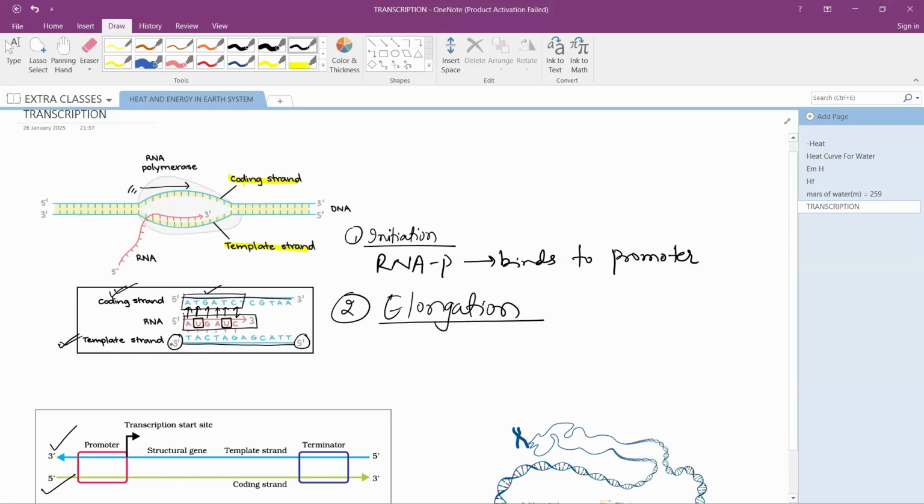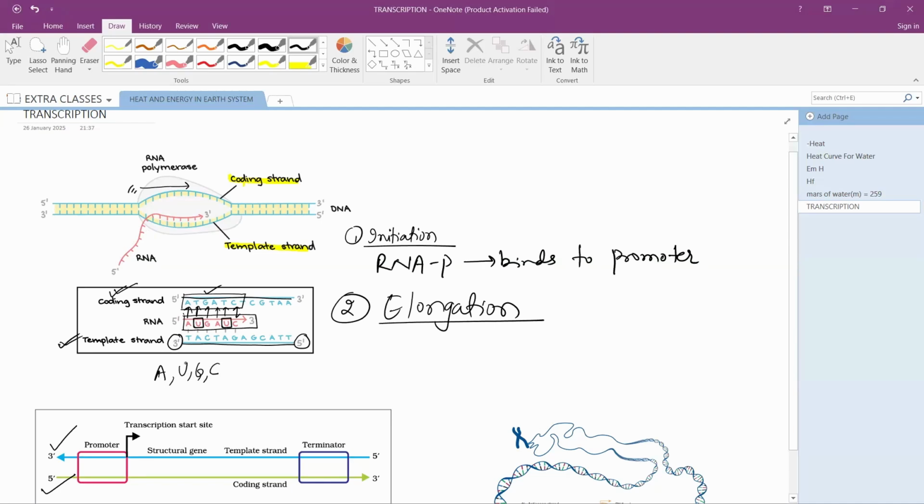Those nucleotides are adenine, uracil, guanine, and cytosine.